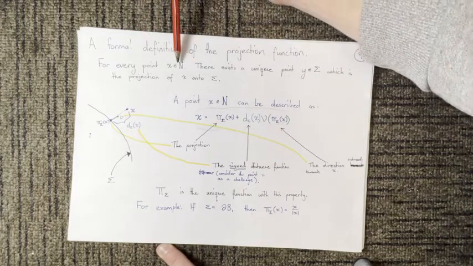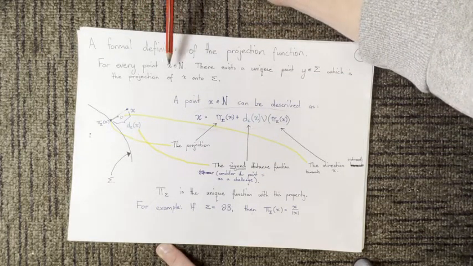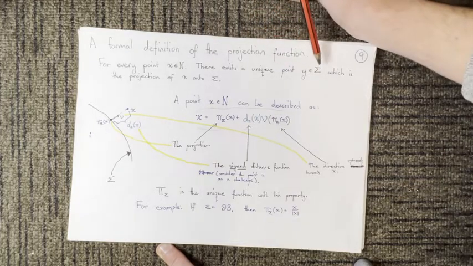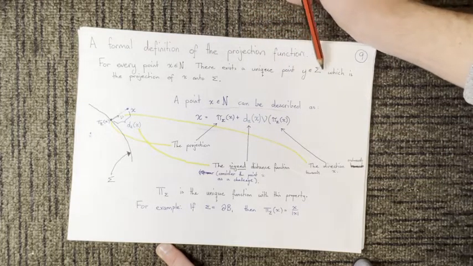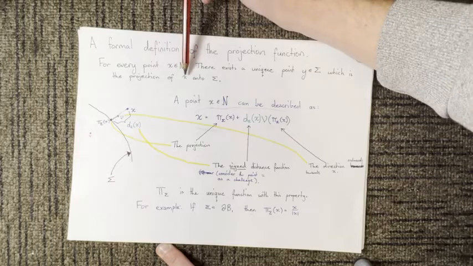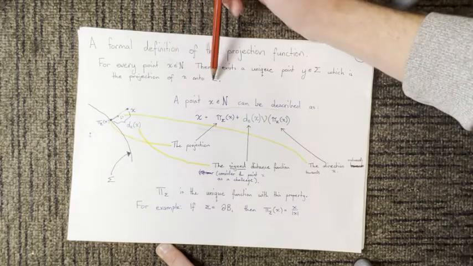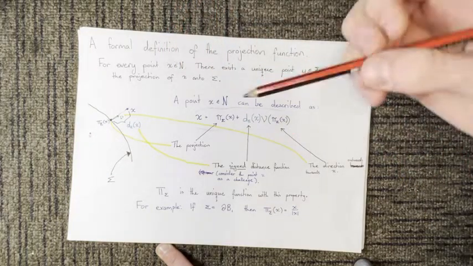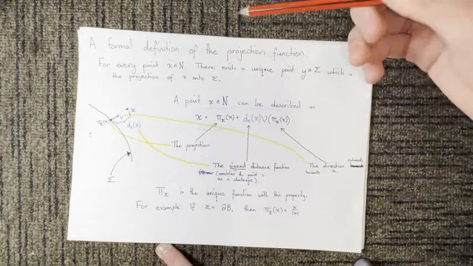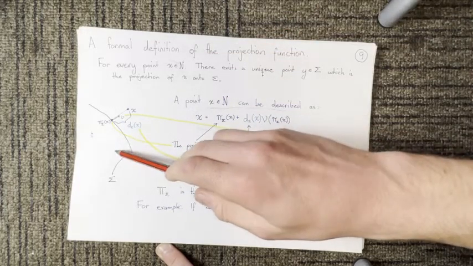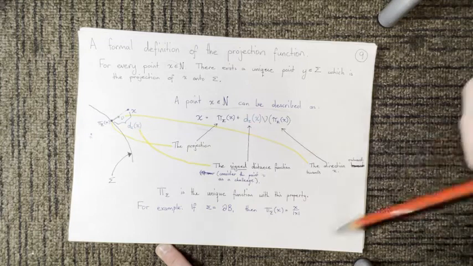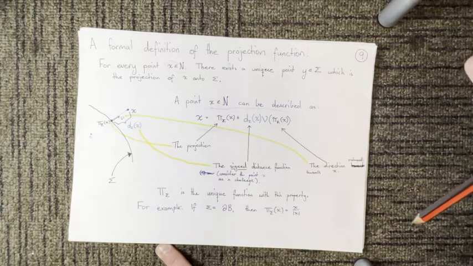So for every point in our neighborhood, there exists a unique point on the hypersurface which is the projection of the point in the neighborhood onto the surface. So this is basically re-saying what I've been saying before, that for every point in the neighborhood, there is a unique point that it gets projected to.